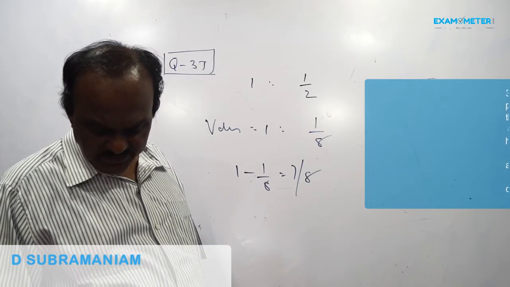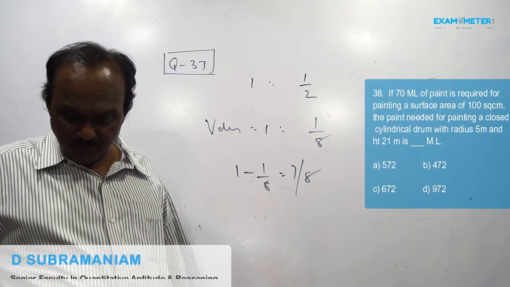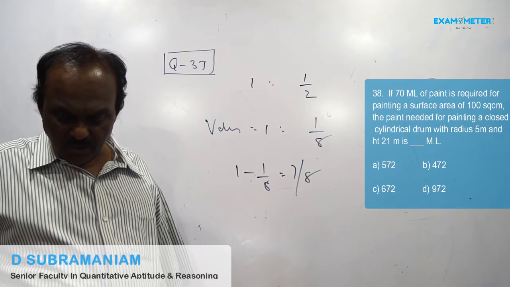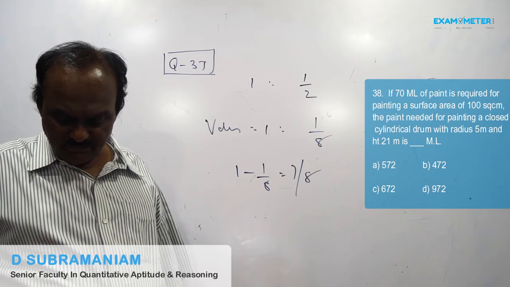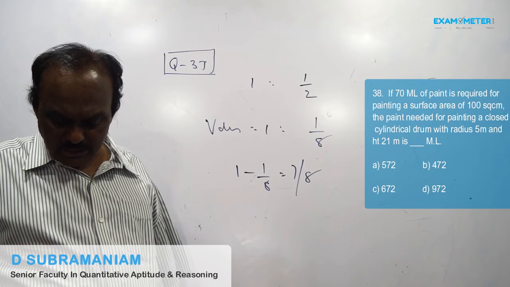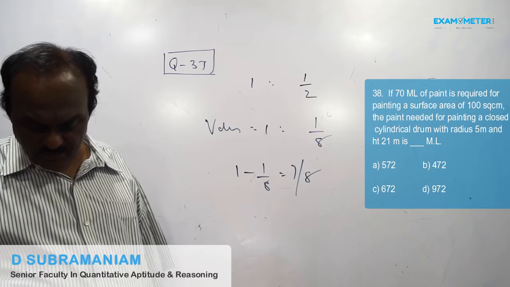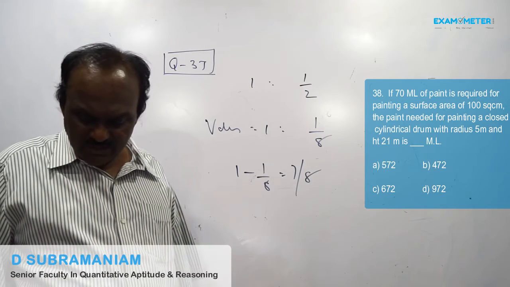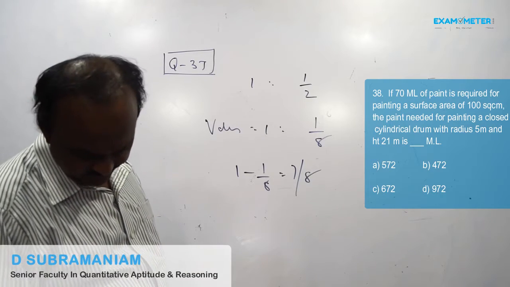Question number 38. If 70 milliliters of paint is required for painting a surface area of 100 square centimeters, the paint needed for painting a closed cylindrical drum with a radius of 5 meters and height 21 meters is how many milliliters?